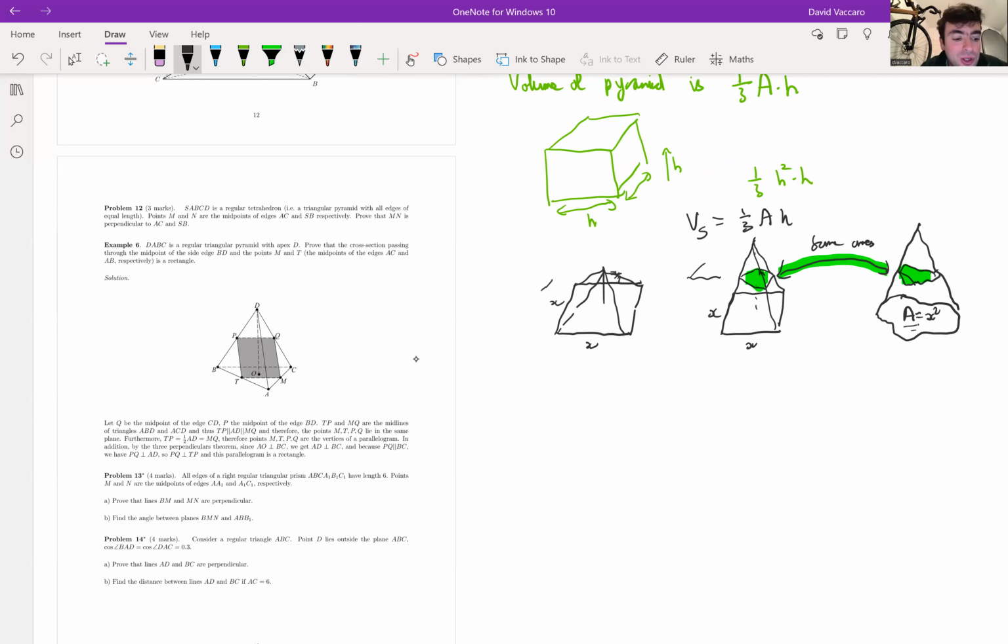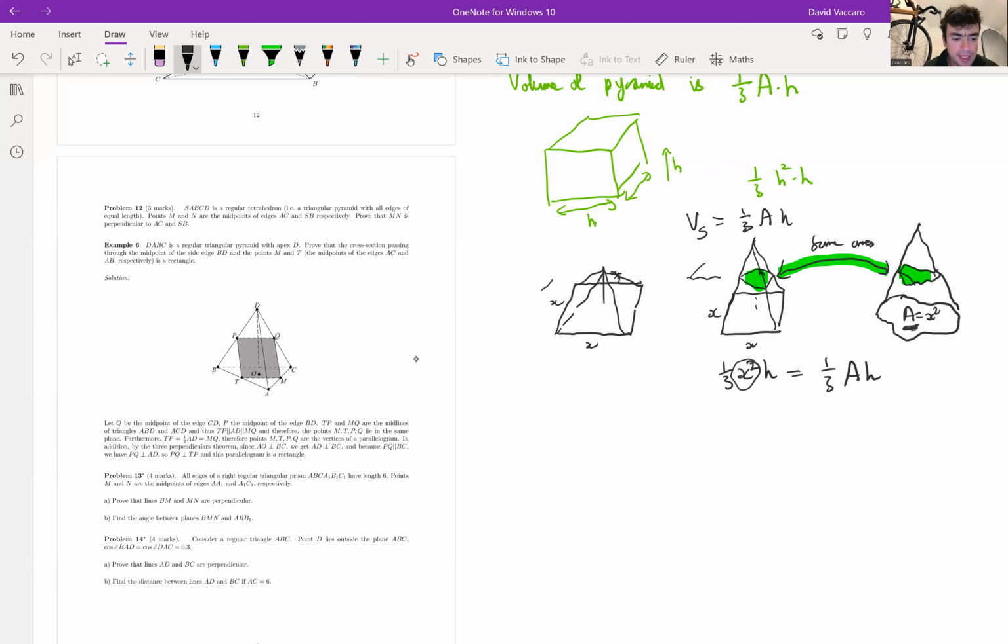It's the same volume as the square base pyramid, which has got volume 1/3 x squared times the height, but x squared is just chosen to give the same base area. So the volume of both of these pyramids is 1/3 AH.